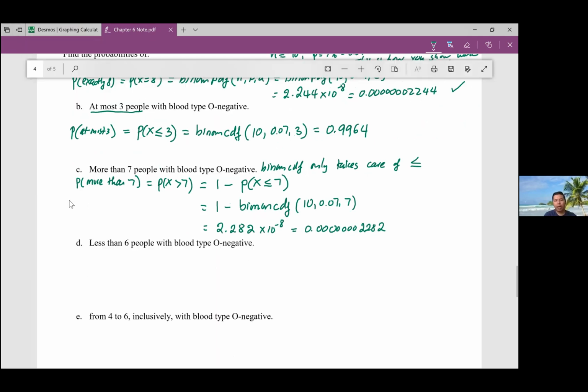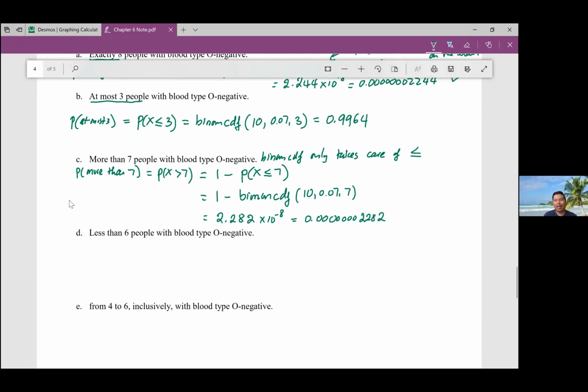So again, part D, we want to have less than 6 people. So we want to find the probability of less than 6. When you translate this to math, it will be P of x less than 6. Again, binomcdf only deals with less than or equal, so the equivalent statement is x less than or equal to 5.